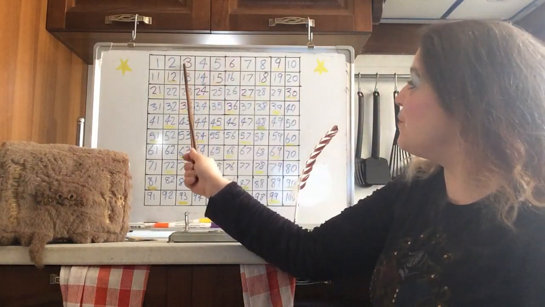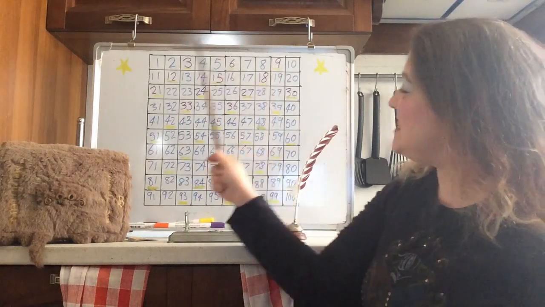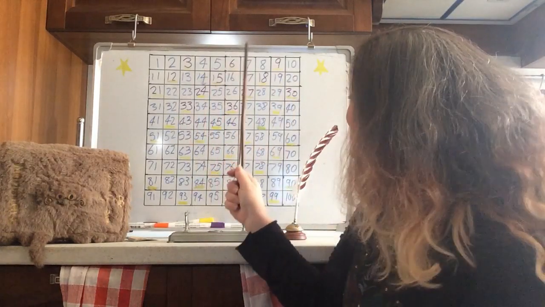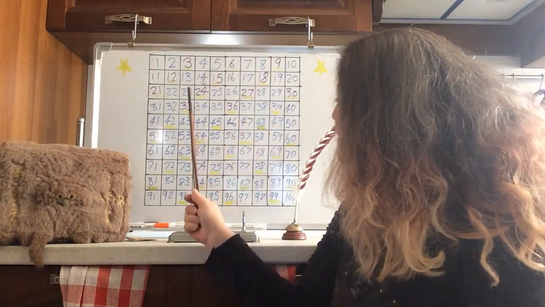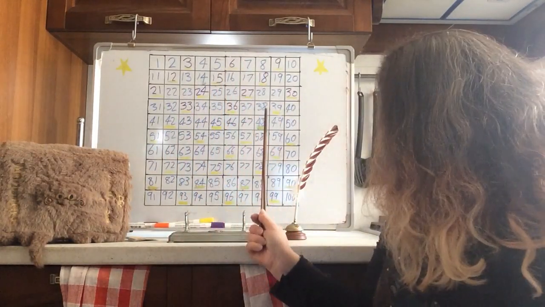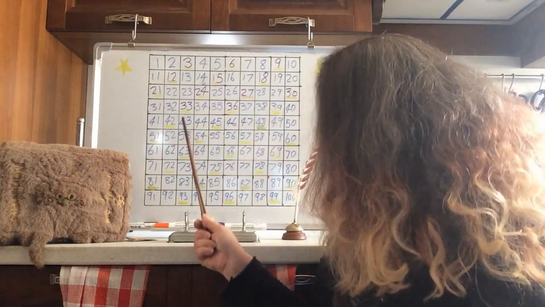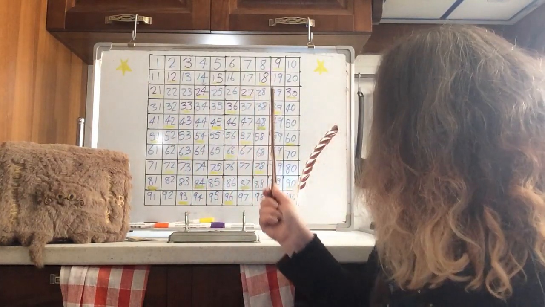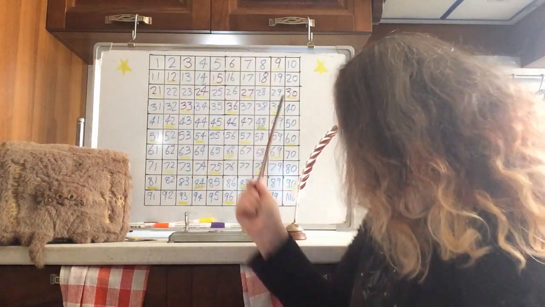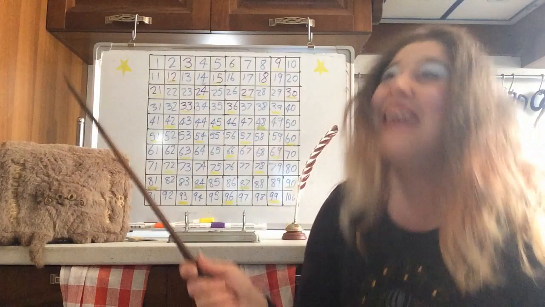0, 3, 6, 9, 12, 15, 18, 21, 24, 27, 30, 33, 36, 39, 42, 45, 48, 51, 54, 57, 60, 63, 66, 69, 72, 75, 78, 81, 84, 87, 90, 93, 96, 99!